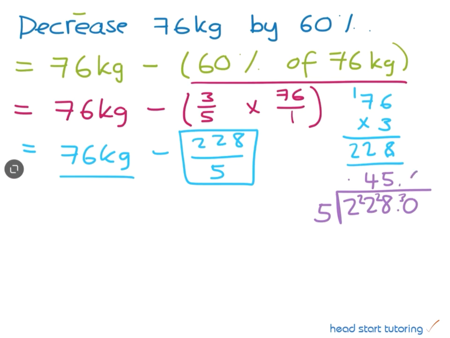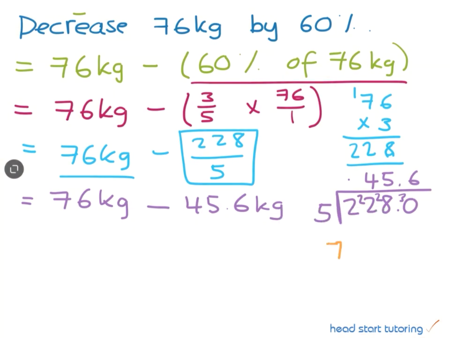And 5 into 30 goes 6 times with no remainder. So I end up with 45.6. So 76 kgs minus 45.6 kgs will give us our answer.